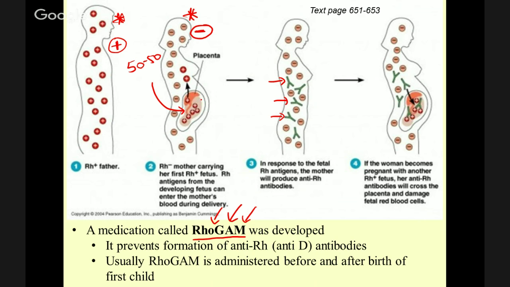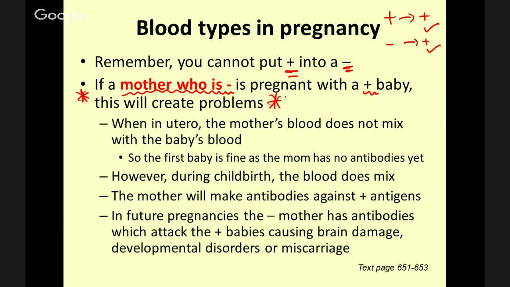So the way to prevent problems is to use this treatment, RhoGAM, which prevents the formation of the antibodies, and then that allows you to have more pregnancies where you've got a positive baby inside a negative mom. So the key things to remember here is that if your mom is negative and your baby's positive, you're breaking a rule of blood typing, because our rule says you may not put positive into negative.